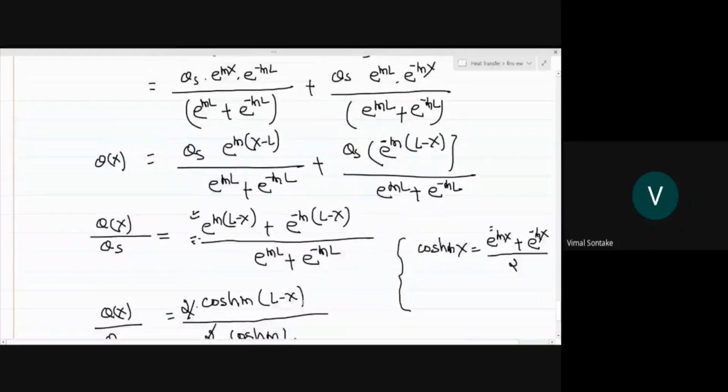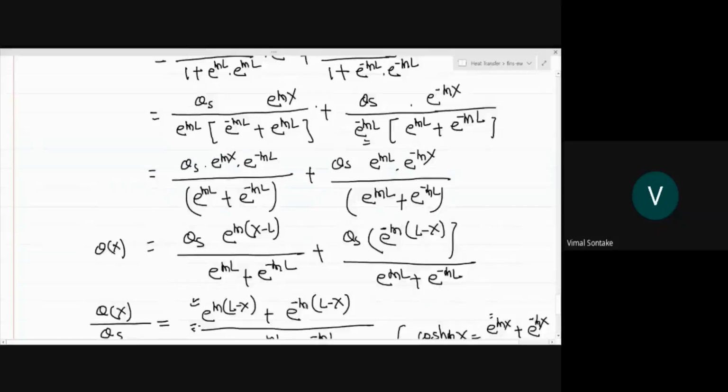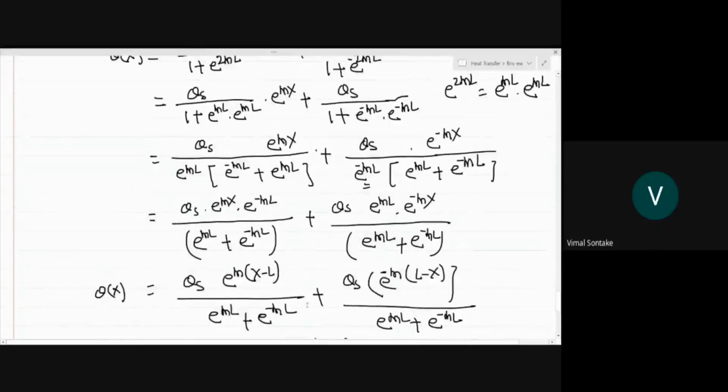Please, let me check. X minus L. Okay, this is e to power x minus L. Yes. Then this is e to power m L minus x. Isn't it?